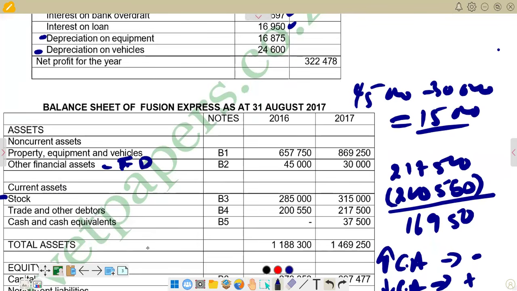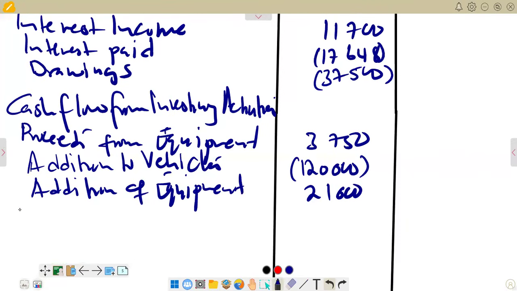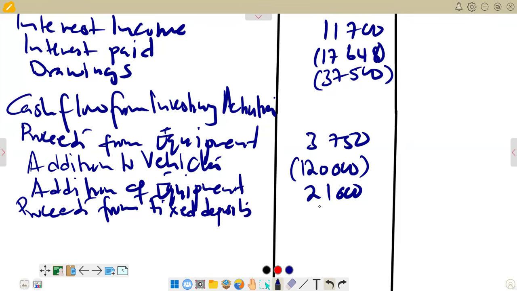So this is a plus 15,000 in the cash flow statement. So you come here and say proceeds from fixed deposits, which is your 15,000, a positive. So this is what we have.